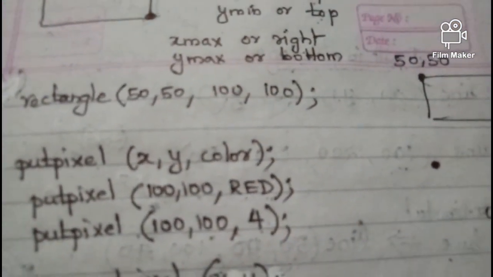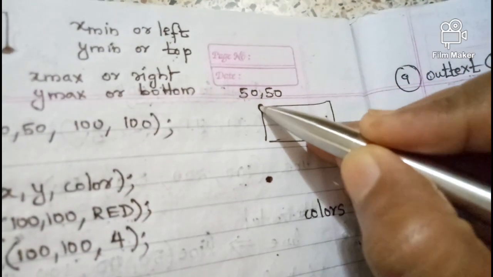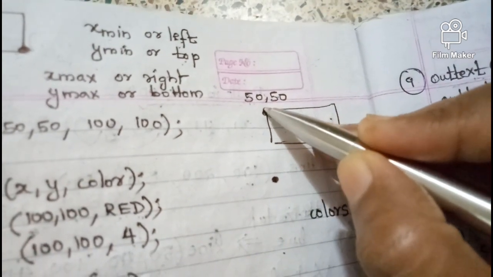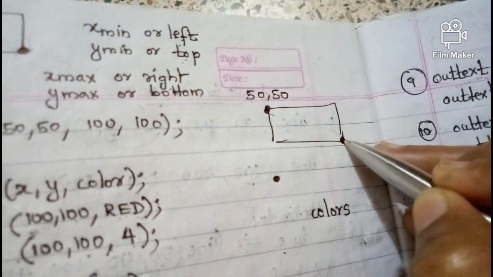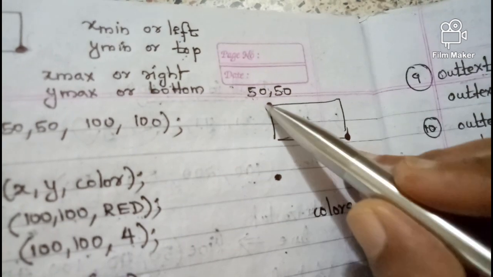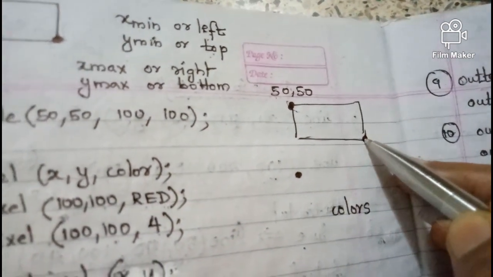Okay, so let me give you an example. Suppose I want to draw a rectangle like this, whose corner point is at 50, 50. That means this point is at 50, 50. Now I am going to find the value of this point. From this point, if I want to reach this point, I have to move downwards and then move towards the right.